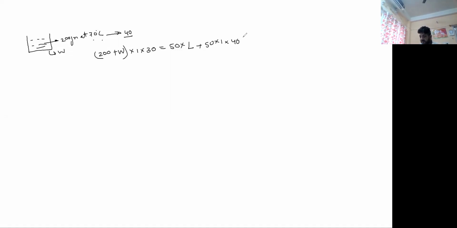Is it clear everyone? So इसको अगर हम overall देखेंगे क्या होगा? If we take 50 common, L plus 40, so the 0s I can cancel out. So my formula is 600 plus 3W, that is 5L plus 200.